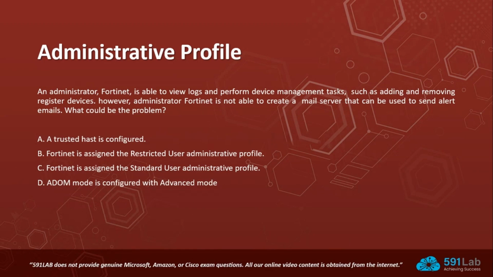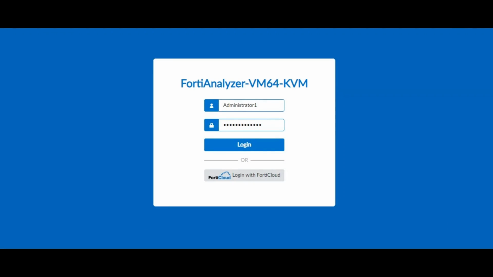Okay, let's log into the FortiAnalyzer and simulate the issue. Now I'm logging into the FortiAnalyzer using the super user administrator account. Let's try to create a mail server from this account. Before that, let me show you what level of privileges are available for this account.